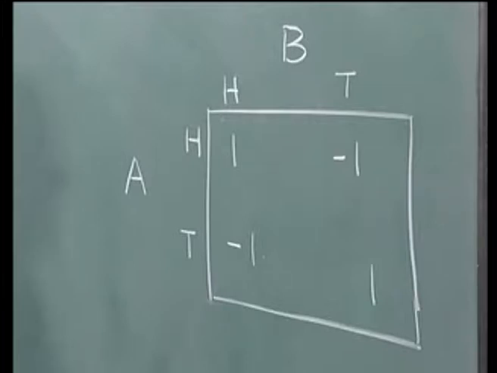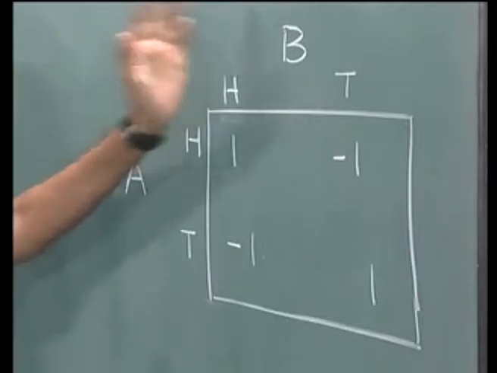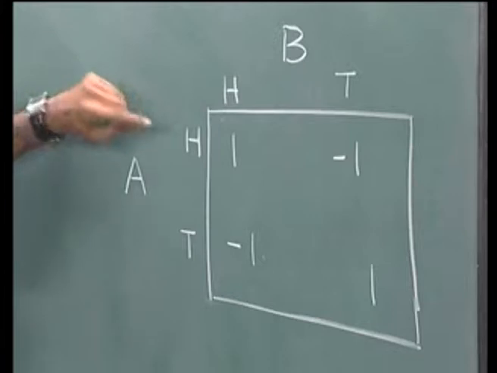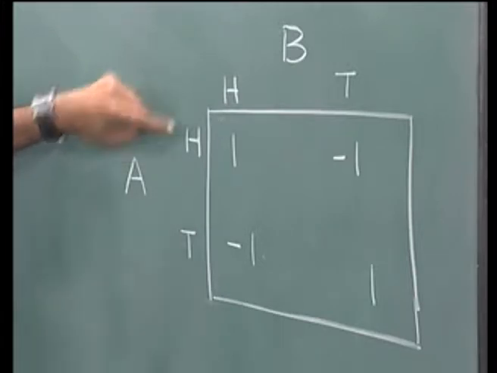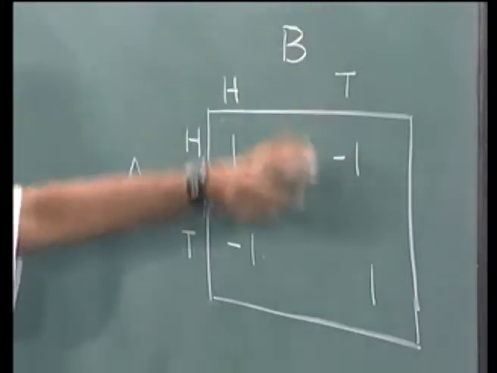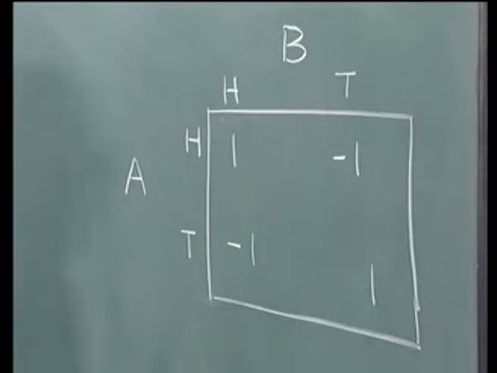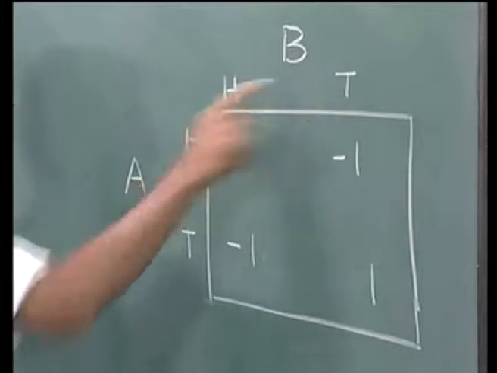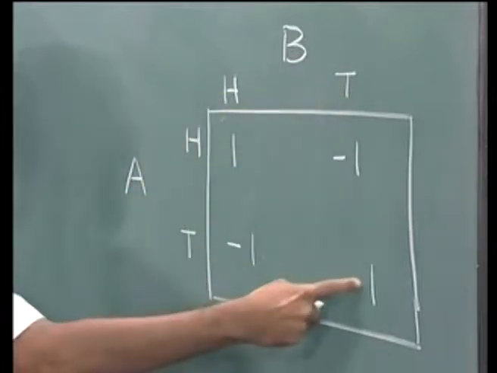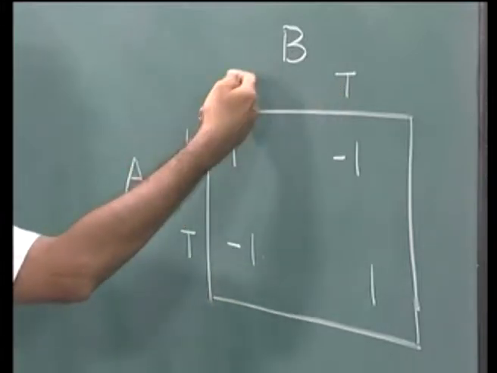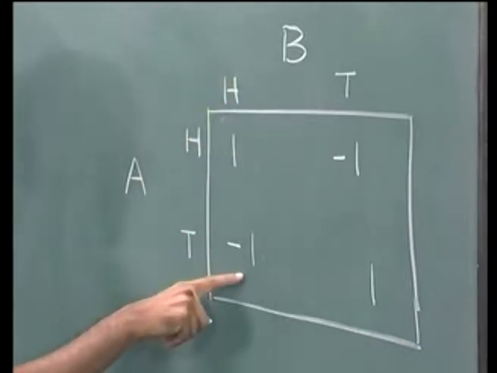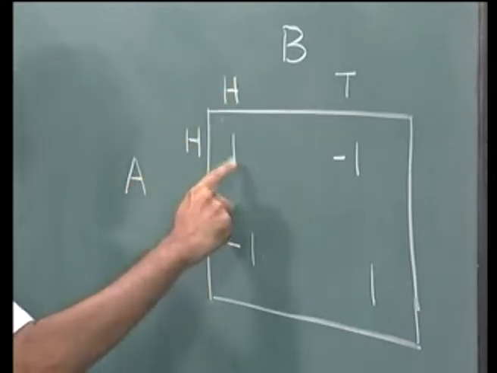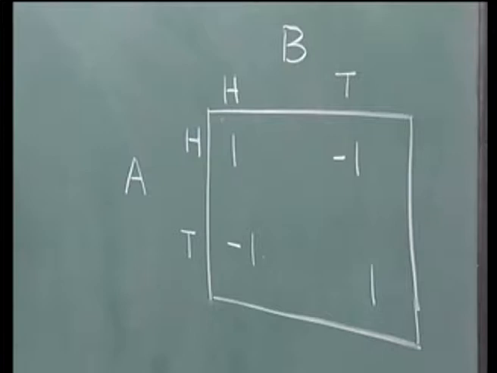Now, this happens for a few trials and then B understands that A is consistently playing this strategy. So, B will shift to this strategy so that B wins. Now, after a while, once A understands that B is consistently playing this, A will start playing this so that A wins, which means after a while B will go back to this so that B wins, and then A will come back to this and the game will proceed.